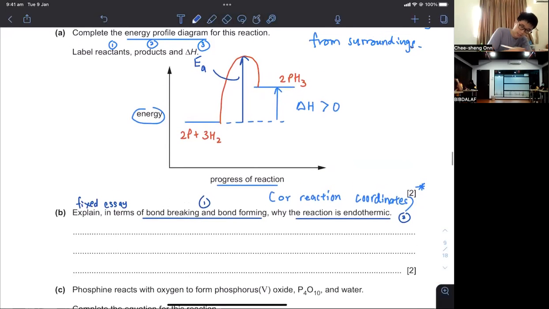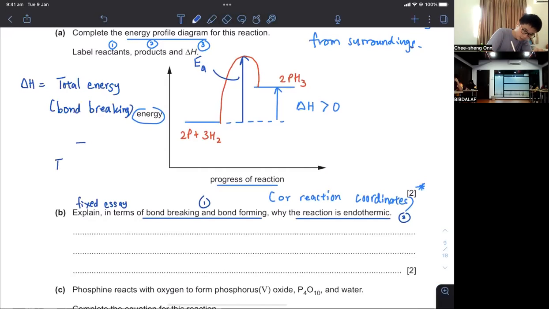So what I want you to do is, you have to remember this equation, yeah? Enthalpy change of reactions is the total energy for bond breaking minus the total energy for bond forming. Bond breaking minus the bond forming.